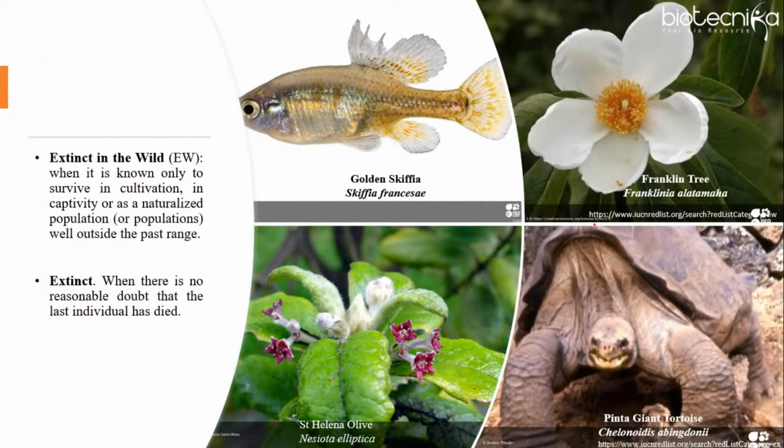And then coming to extinct in the wild and extinct. A taxon is presumed extinct in the wild when exhaustive surveys have been performed, and it is known only to survive in cultivation.